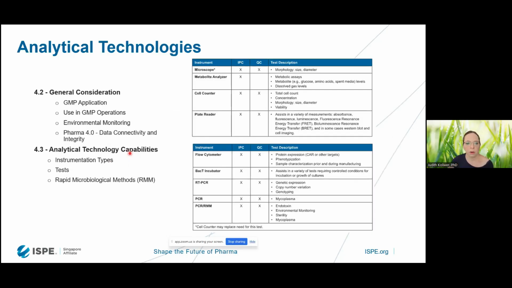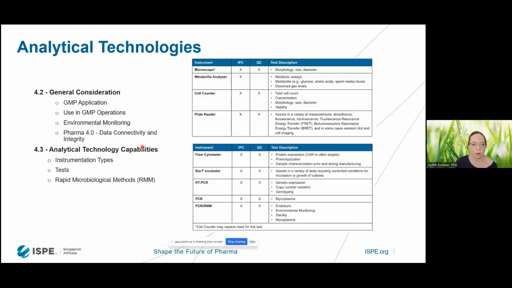And then a few general considerations here. For example, when it comes to Pharma 4.0, where unfortunately, specifically in the cell therapy process, we are still a little bit behind when it comes to digitization. We already had the LIMS discussion.